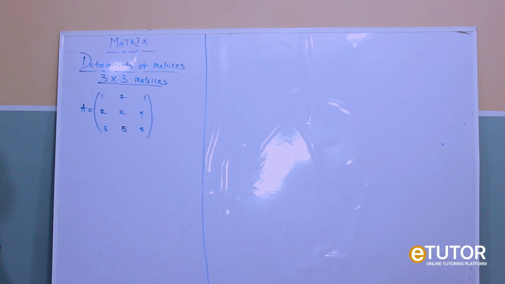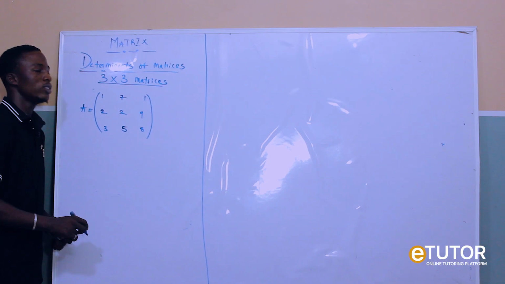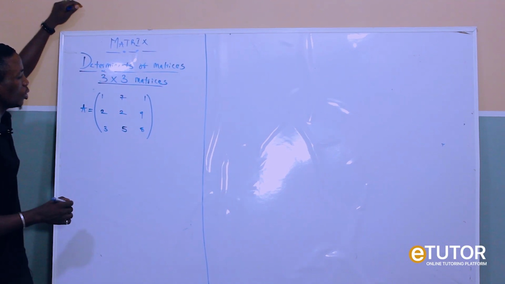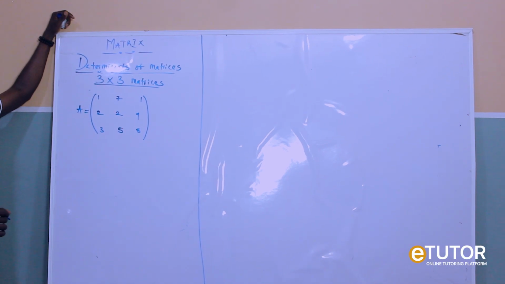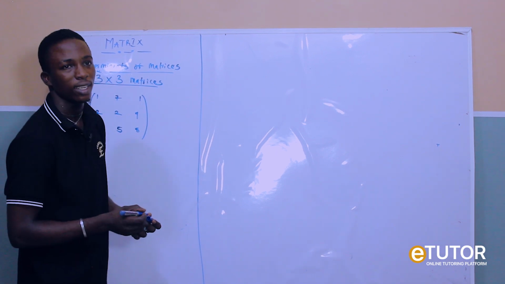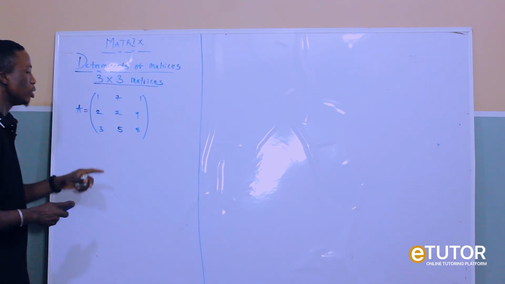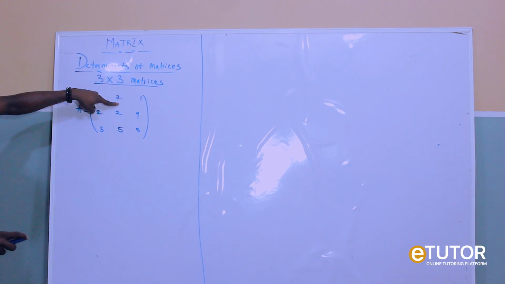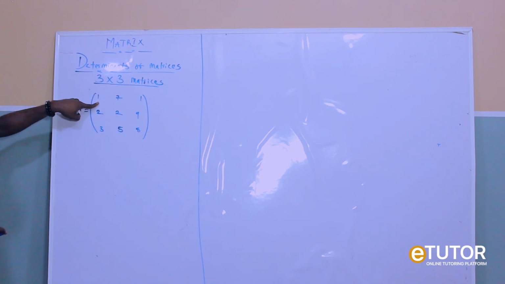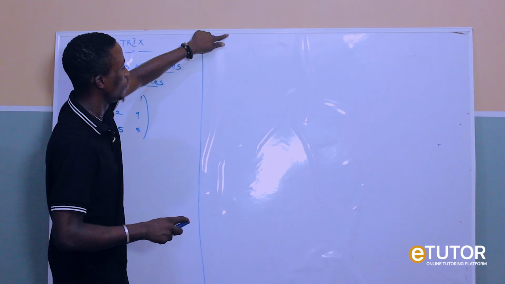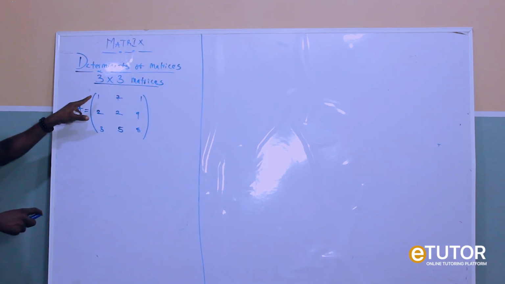So the very first step you have to take to finding the determinant of a 3 by 3 matrix is you first have to assign signs to the first row of the matrix. There are some sign conventions you have to follow to find the determinant of a 3 by 3 matrix. And what are the signs?